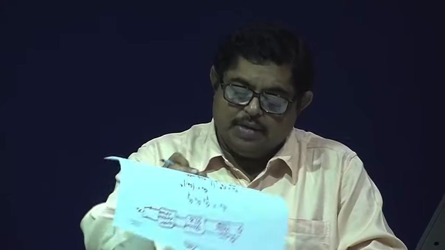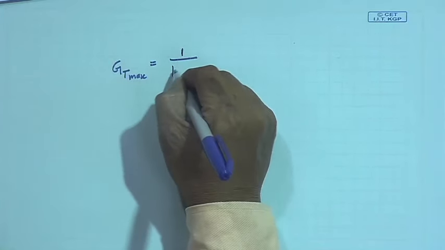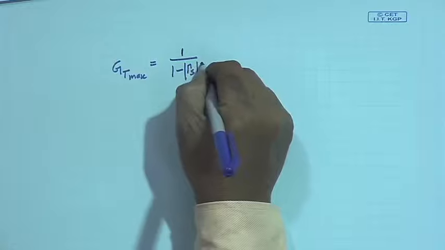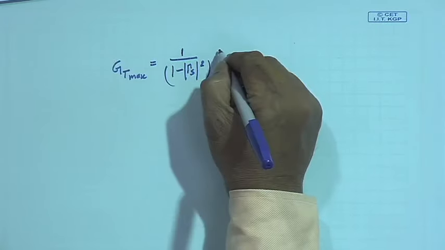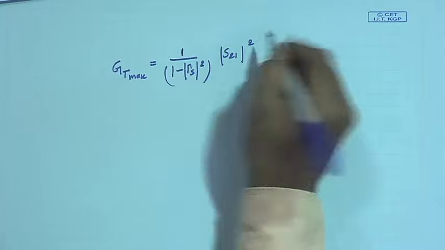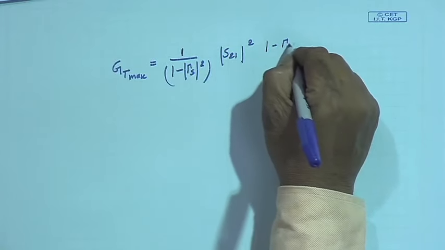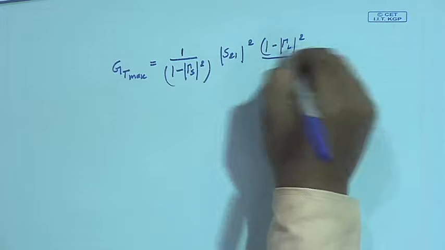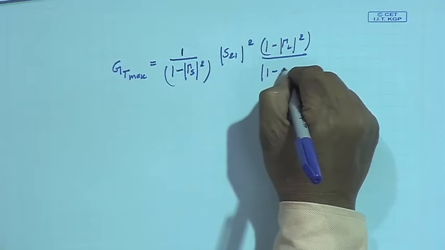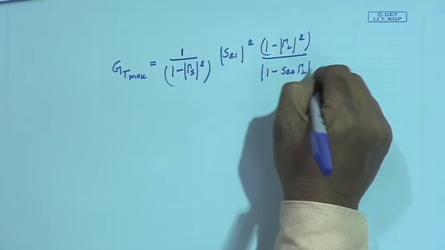Those are not lumped elements, L-section lumped elements are used for lower frequencies, but at high microwave frequencies you need transmission lines and transmission line stubs to design a lossless matching network. So GT max will become 1 minus the expression we found last time, S21 square, and 1 minus gamma L square by 1 minus S22 gamma L square.